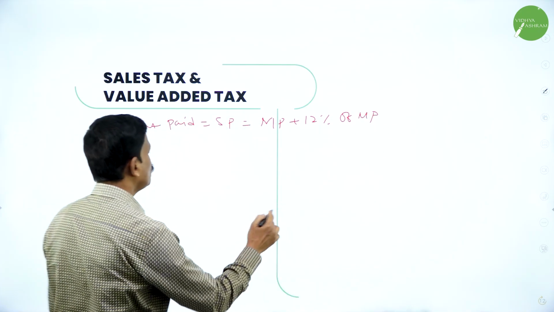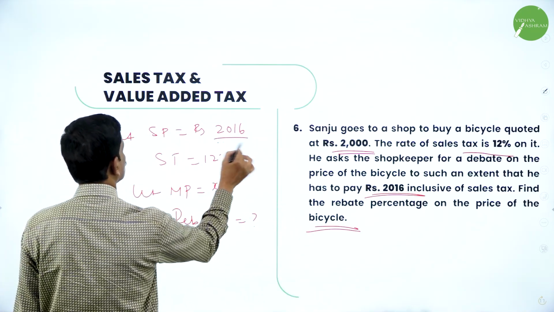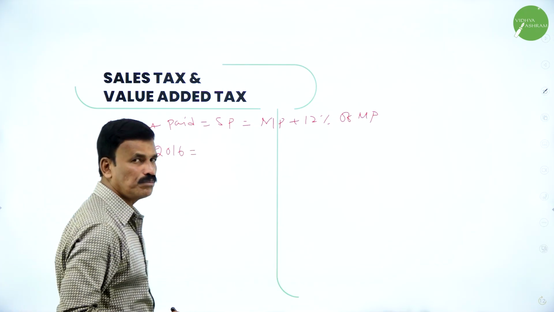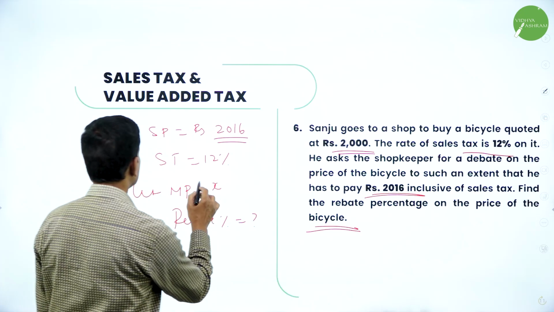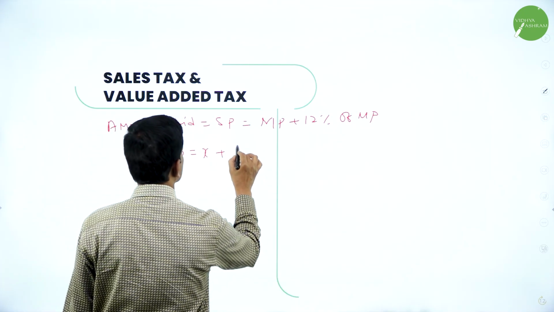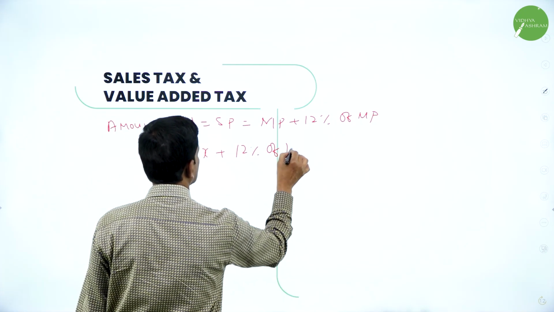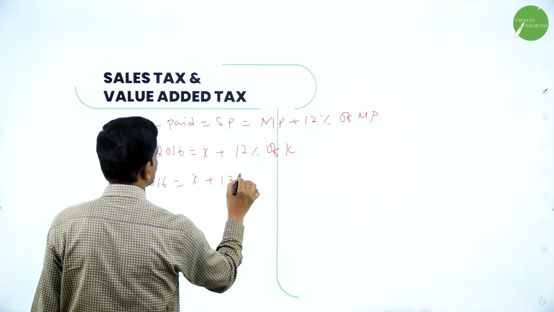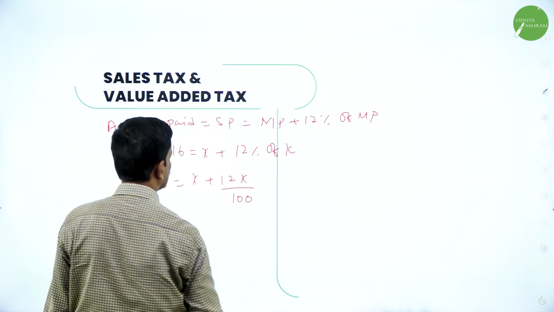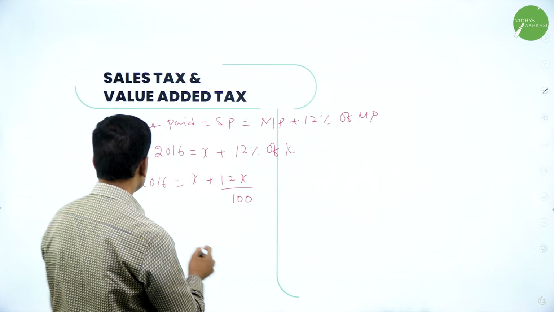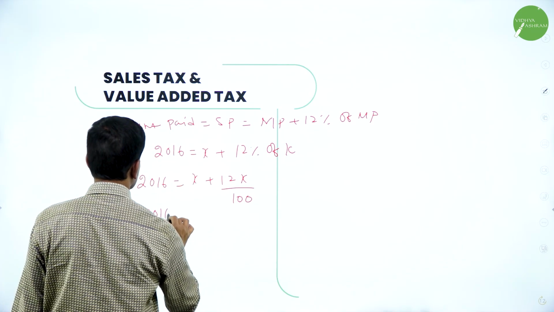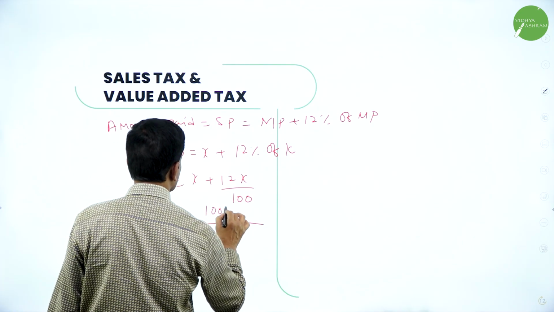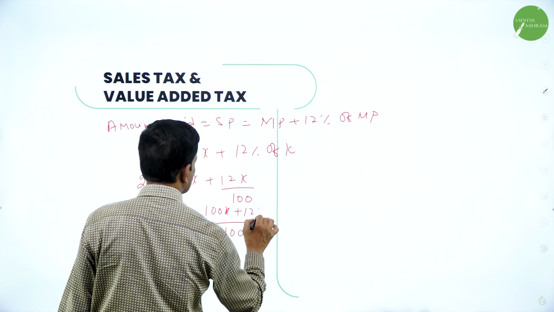Right. What is the amount paid here? 2016. 2016 is equal to MP. What is MP? MP is equal to x plus 12% of x. So 2016 is equal to x plus 12x divided by 100. Okay. So cross multiply, just simplify this. 100 is the LCM. 100 into 1 is 100, into x is 100x, plus 12x.